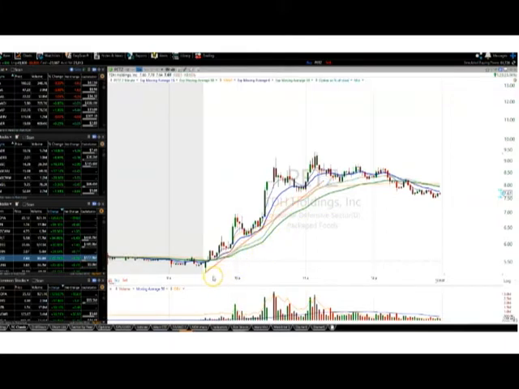In actual fact, to get the best drawing, you take the first pullback low, which is here, and then connect as many dots as you can. In this case it happens to be the same line, but that gives you the most accurate trend line. Then you just make a parallel line, and that gives you your tops and your bottoms.